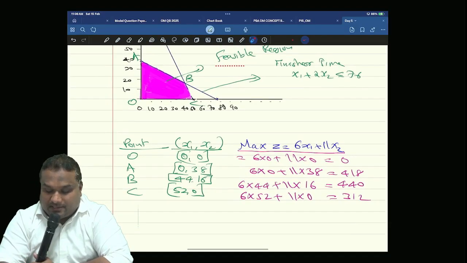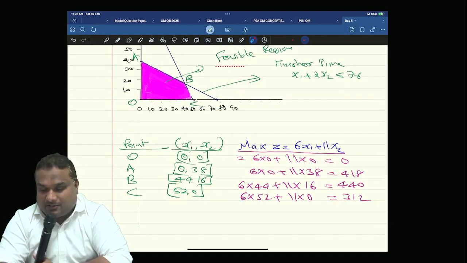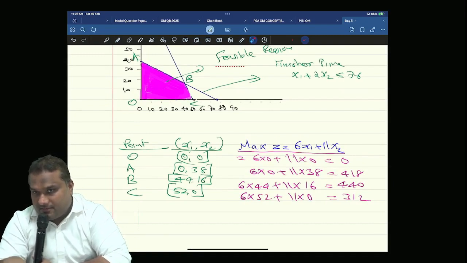Now, my dear friends, our analysis part is not over. Have you finished this table? First finish this table.